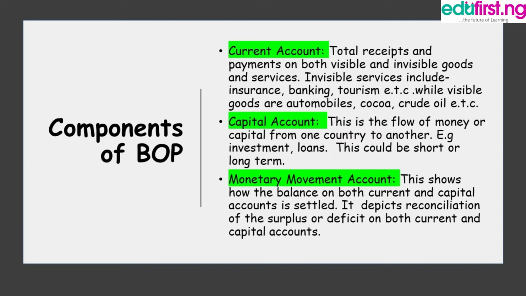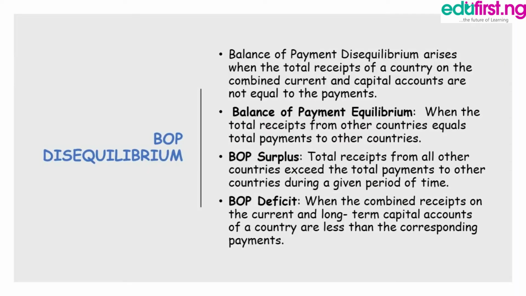Now, we also have what we call B.O.P disequilibrium. It arises when the total receipts of a country on the combined current and capital account are not equal to the payment. But we can also have equilibrium. Equilibrium is when the total receipts from other countries equal total payment to other countries. We can have B.O.P surplus and B.O.P deficit.